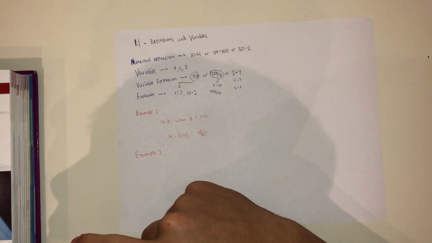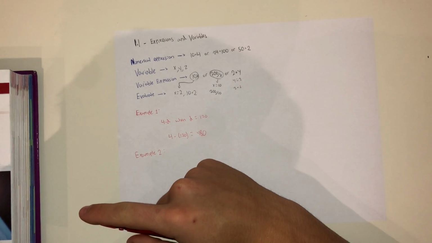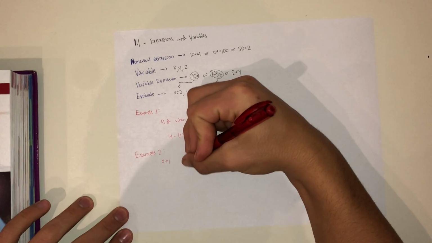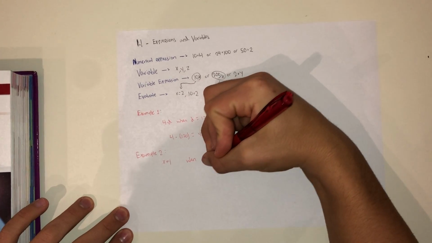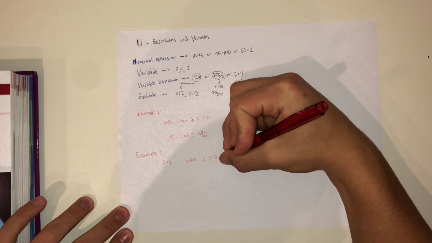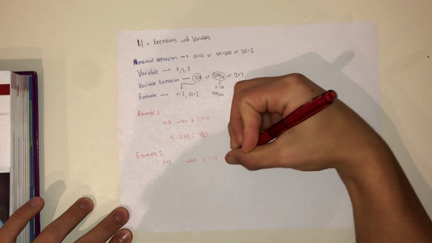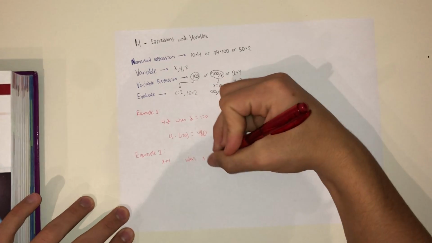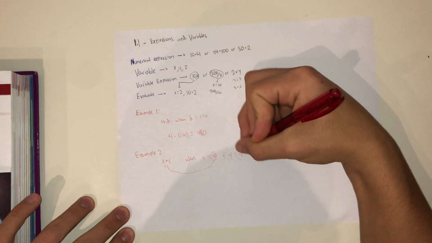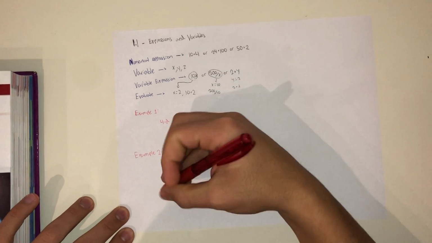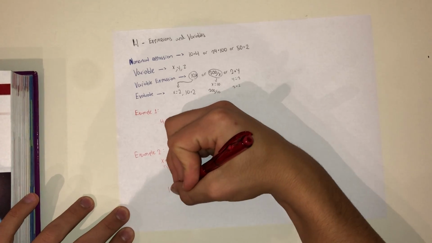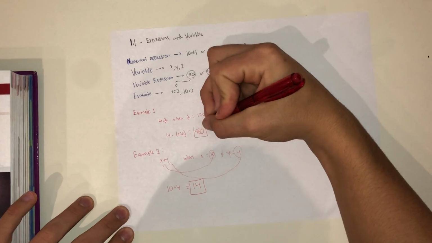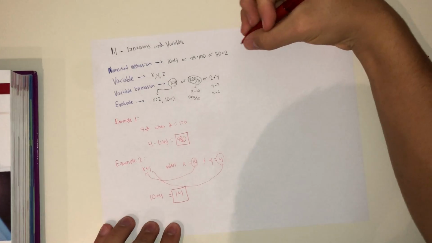The example it's giving us here is to evaluate the expression x plus y when x equals 10 and y equals 4. So we plug 10 in for x, we plug 4 in for y, and we get 10 plus 4, which equals 14.